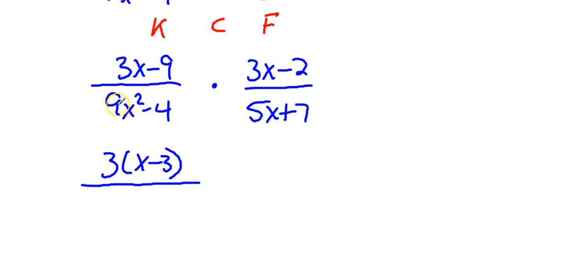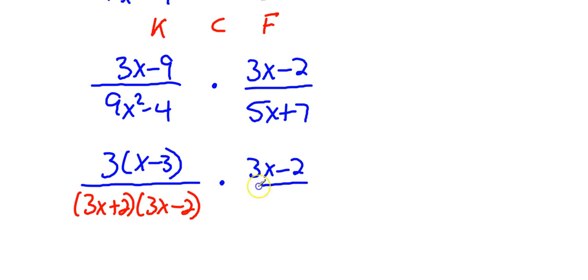9x squared minus 4. Those are 2 perfect square numbers. So that one should be 3x plus 2 and 3x minus 2. And these 2, there's nothing you can do to factor those, so they'll stay just like they are.